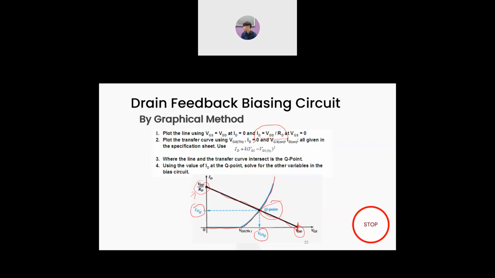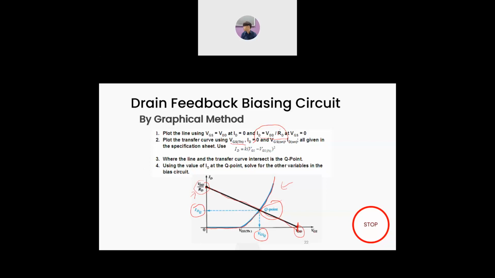Just in case the curve is not given. Sometimes the question gives you the curve, then you make the load line. Sometimes you need to do your own, so you need to plot the transfer curve.